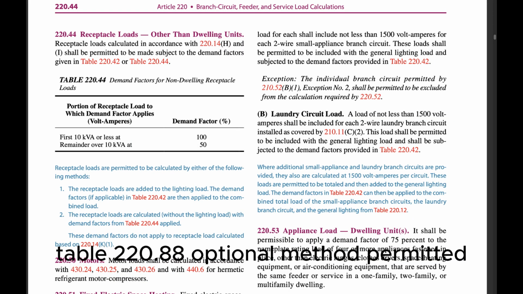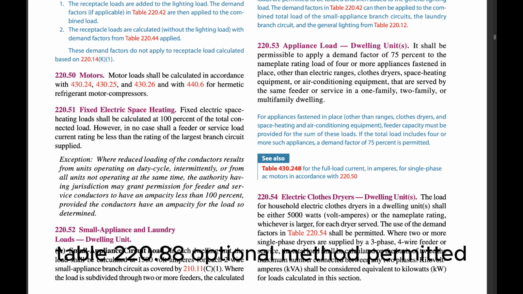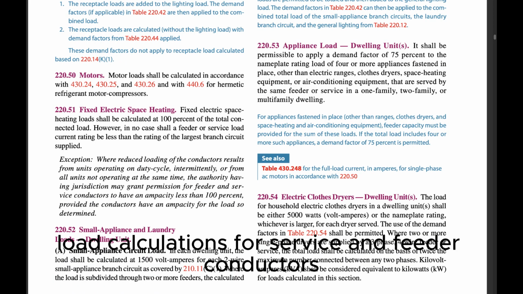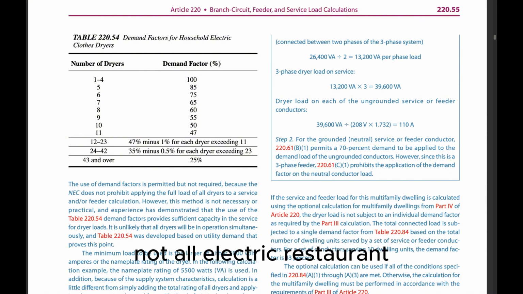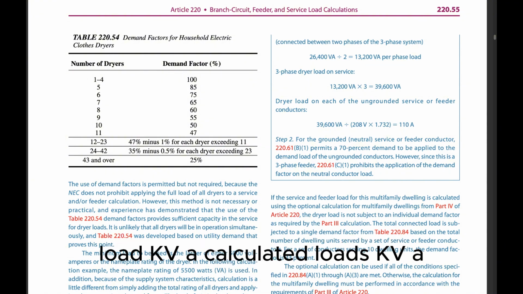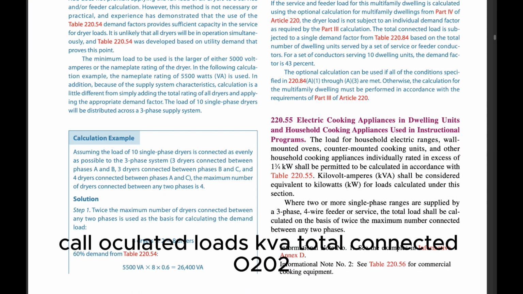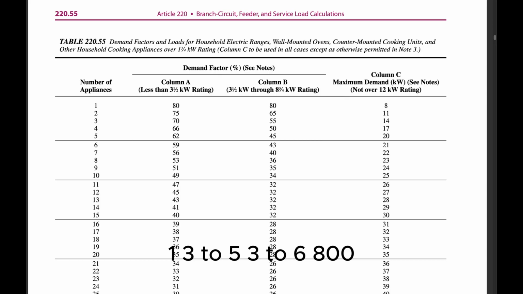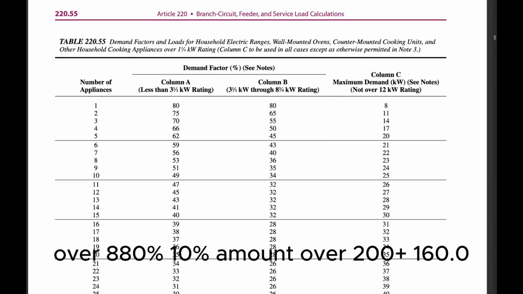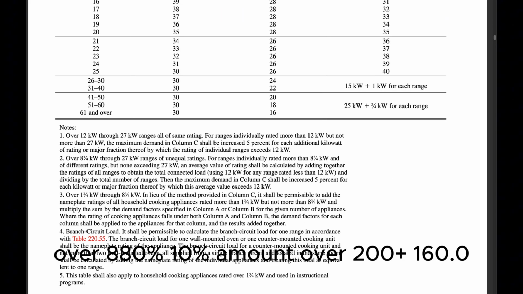Table 220.88 Optional method. Permitted load calculations for service and feeder conductors for new restaurants. All-electric restaurant, not-all-electric restaurant. Calculated loads kVA.